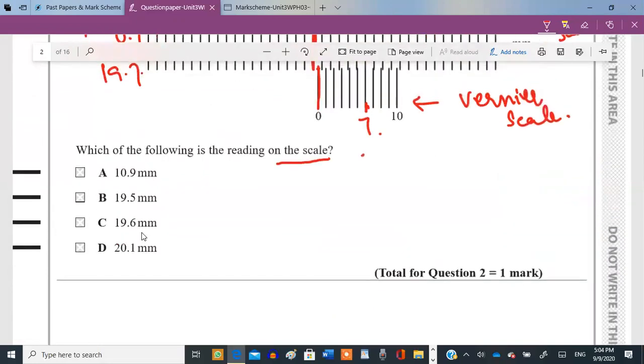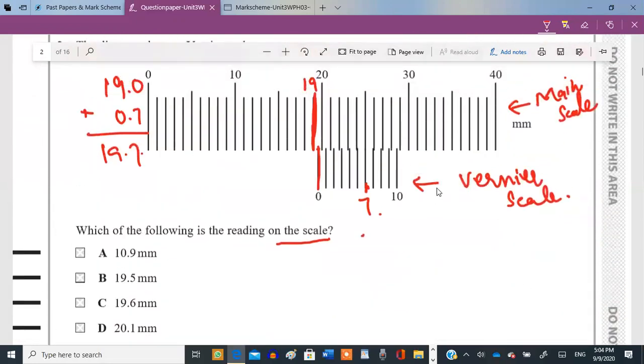Okay, they've given us 19.6 as a closer answer. Oh wait, this is not 7. This is 6. Sorry, this is 6. C is the correct answer. Okay, see, 1, 2, 3, 4, 5. Wait, not even 6, it's 5.